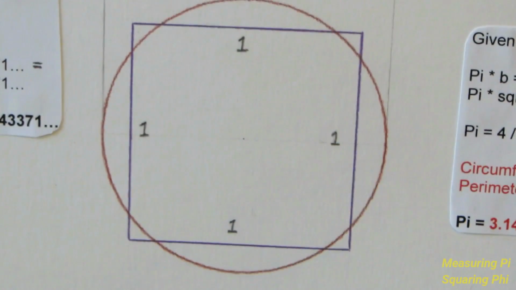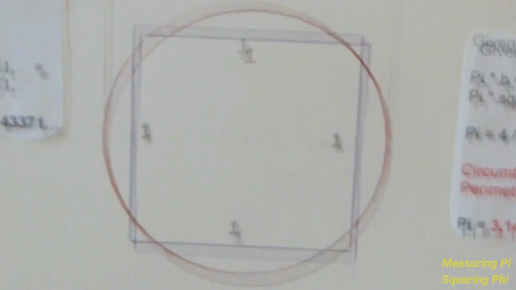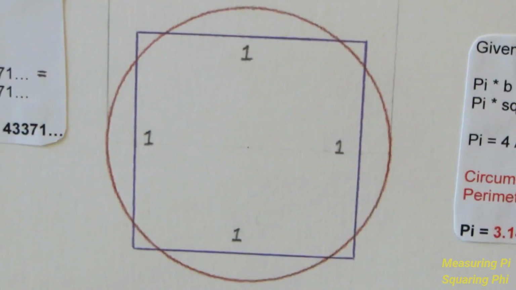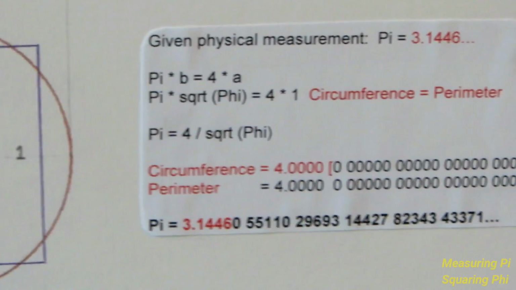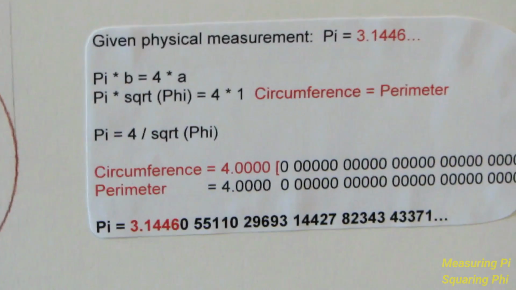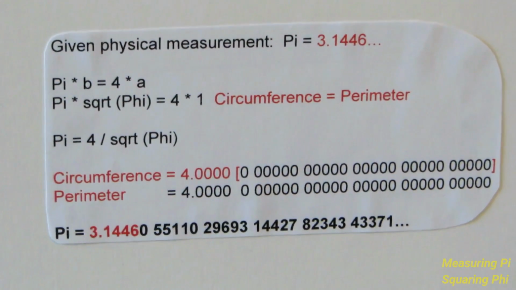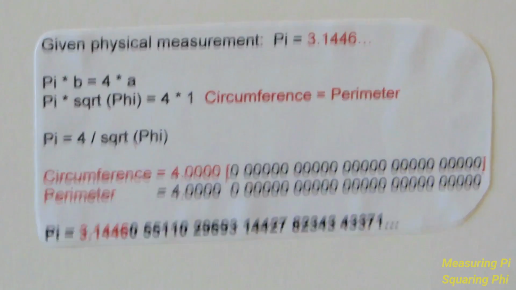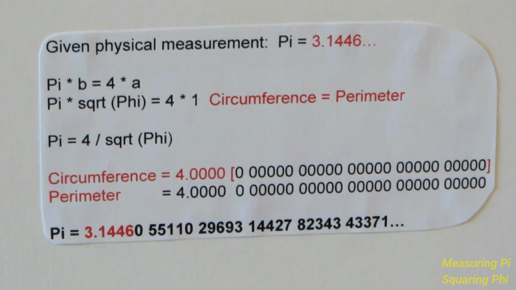First the circle, the red circle, circumference equals the perimeter of the purple, the perimeter of the other side, the short side. And what we have done, once again, just like in the first case, is multiply pi times b equals 4 times a, or pi times the square root of phi equals 4 times 1.